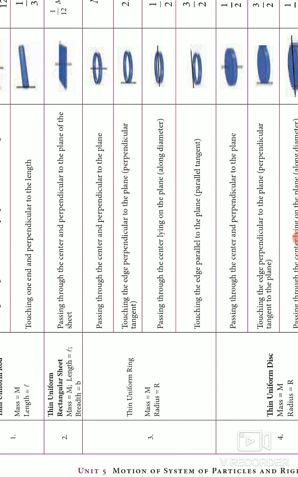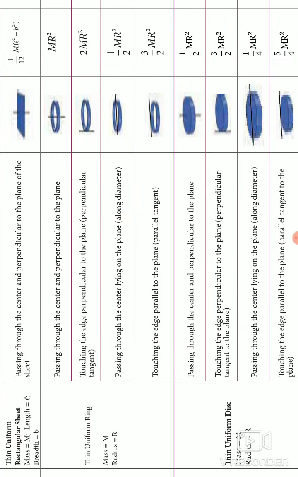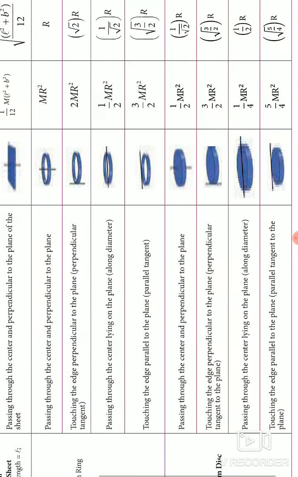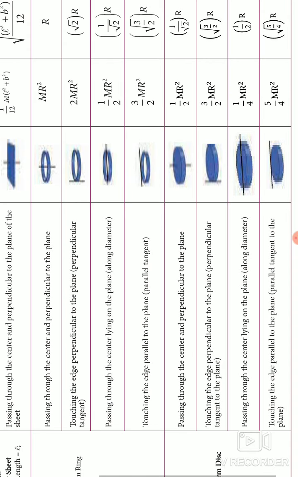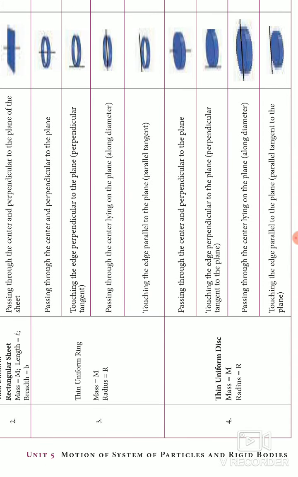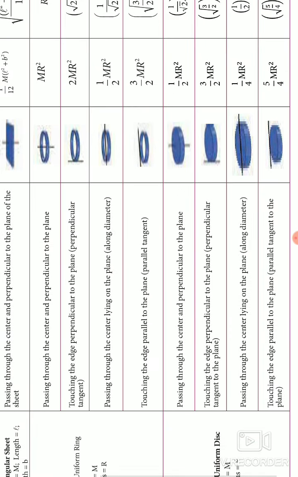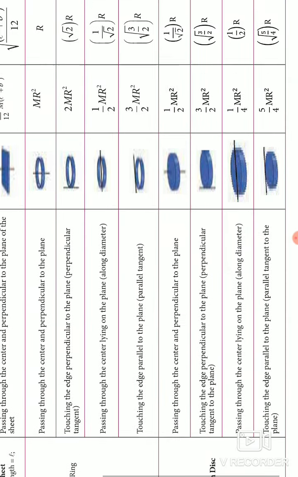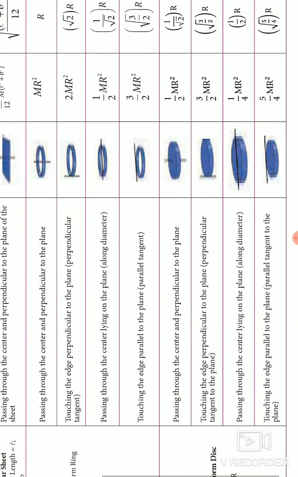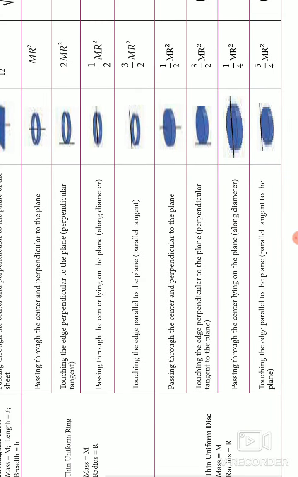And the uniform ring passing through the center lying in the plane: I equal to half mr square, k is equal to 1 by root 2 r. And touching the edge parallel to the plane, that is parallel tangent, about an axis: I equal to 3 by 2 mr square, k is equal to root of 3 by 2 into r.